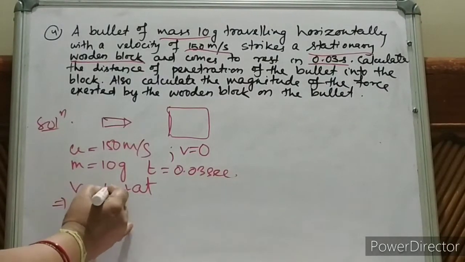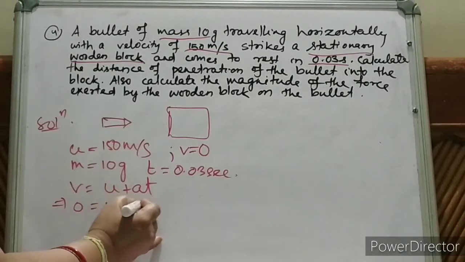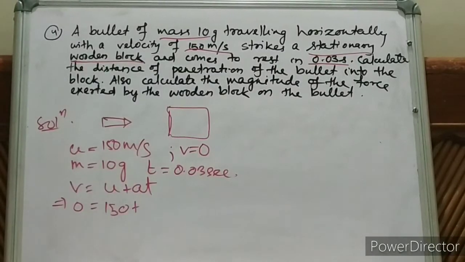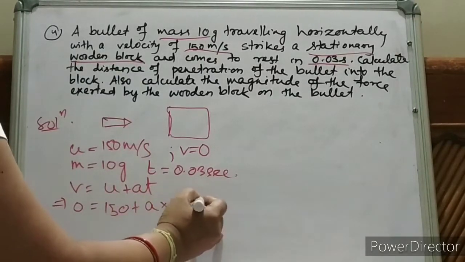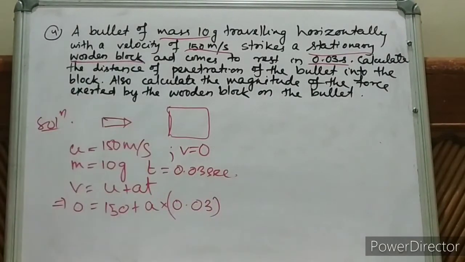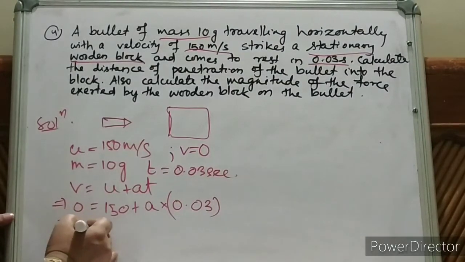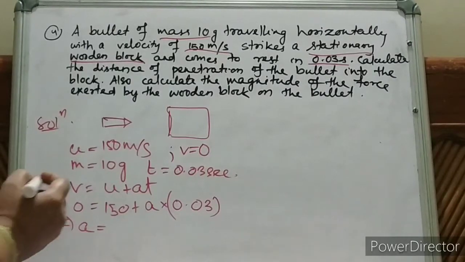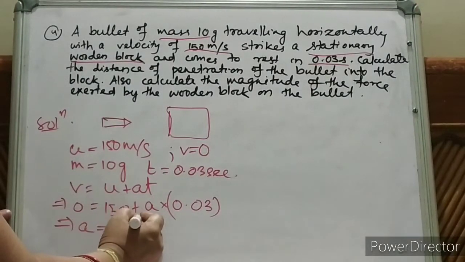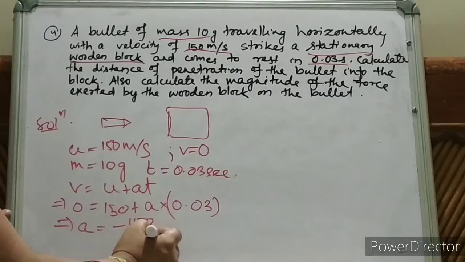v is 0. What is u? 150. What is a? We don't know. That is the acceleration. So a into 0.03. Rearrange the things and find out your a. So 0.03 a is equal to minus 150. So a is equal to minus 150 by 0.03.